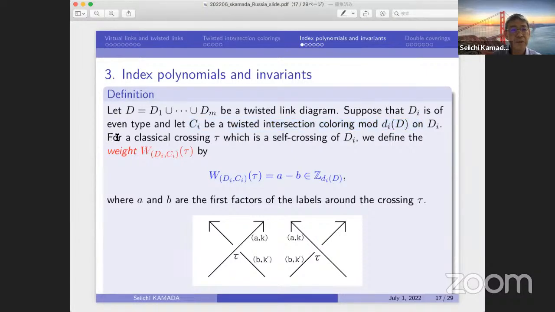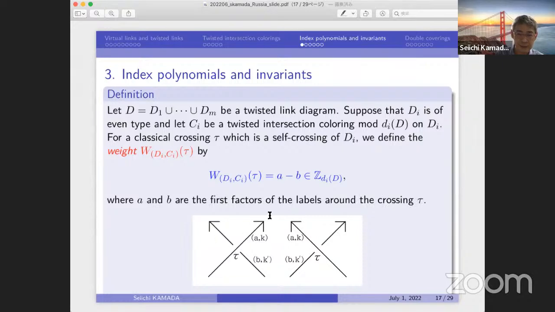And for a classical crossing tau, which is a self-crossing of Di, we define the weight by this. The weight of tau, W of tau, depends on the coloring Ci. So W_Di,Ci of tau is a minus b, which is an integer modulo d_Di, where a and b are the first factors of the labels around the crossing tau.